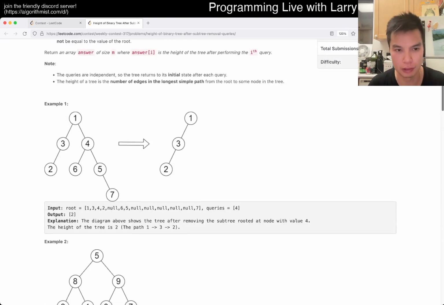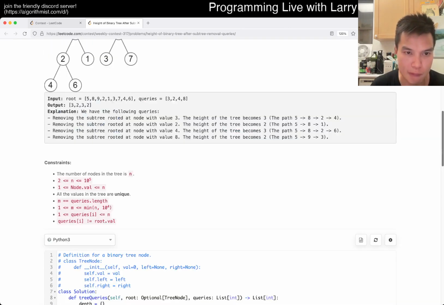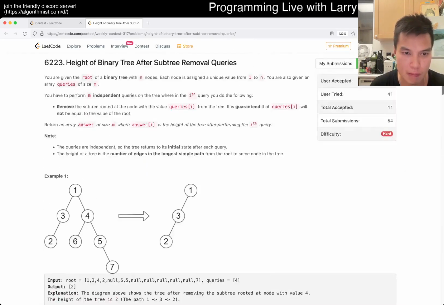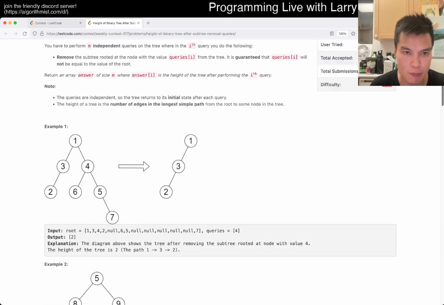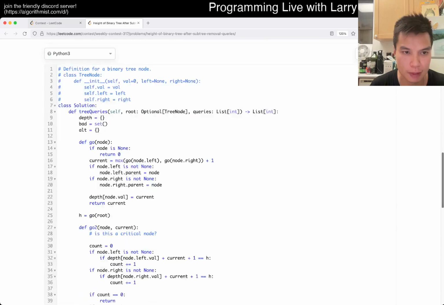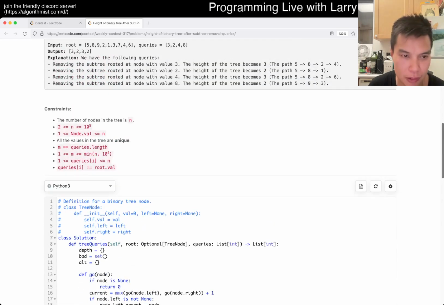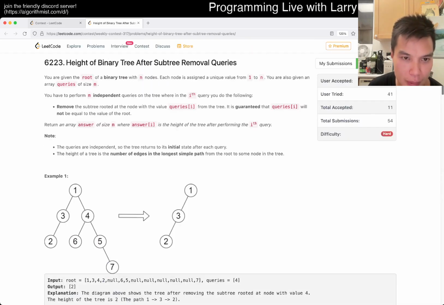So we got the critical nodes. So 10 to the 4. No, that's going to be too slow. We don't do anything optimized. Okay.